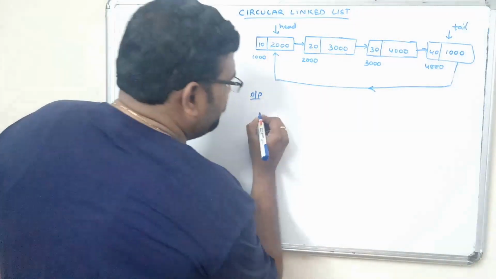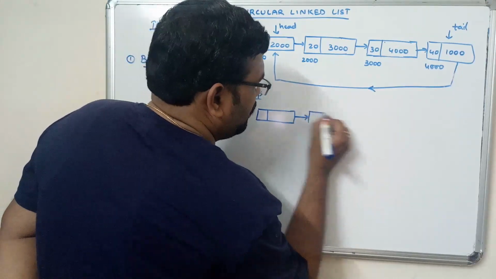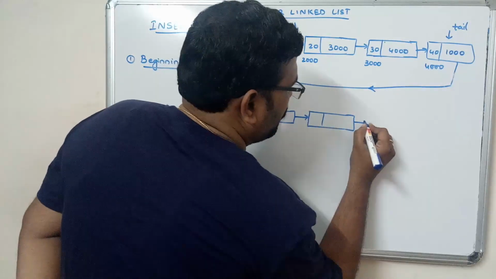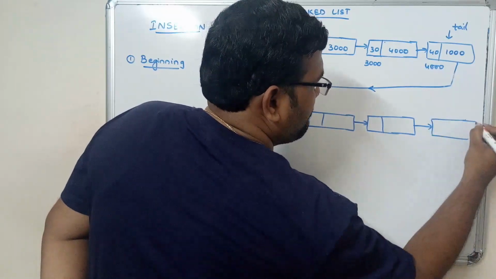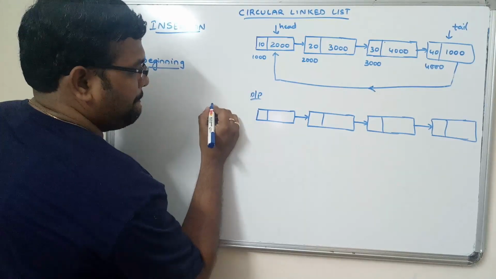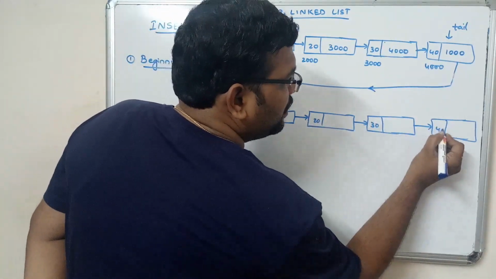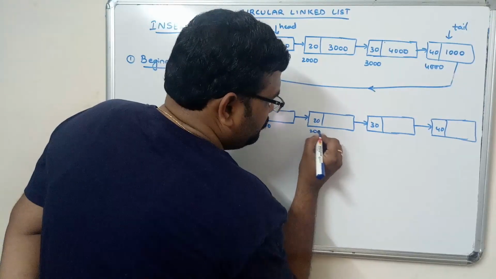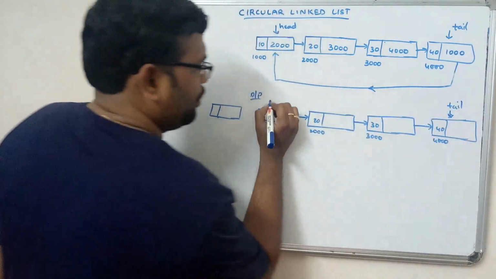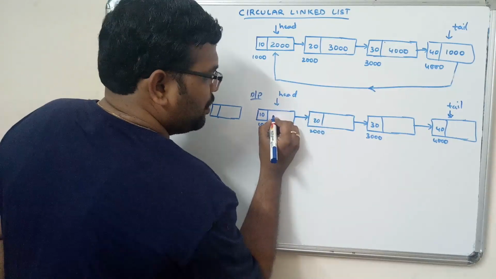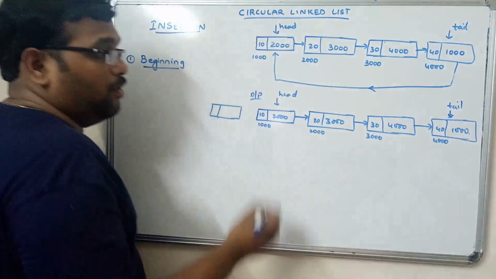What is the output after inserting the element? 10, 20, 30 and 40, with addresses 2000, 3000, 4000 and 1000. Right. Now let us see.